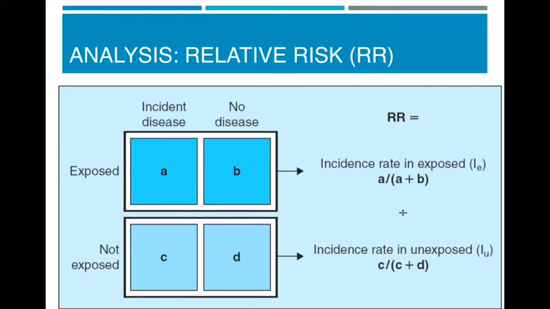You can calculate the RR by using the formula A divided by A plus B, which is the incident rate in the exposed, and dividing that result by C divided by C plus D, which is the incident rate in the unexposed. You can see in this image that the boxes are all labeled the same exact way that they were for case control studies.